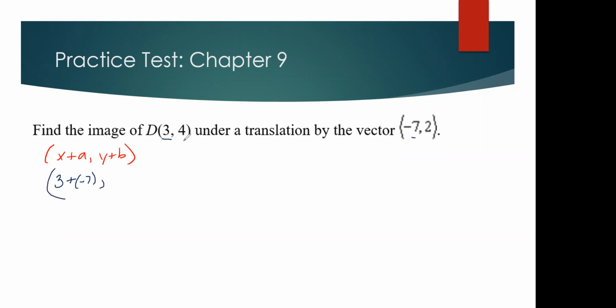And then the y value is 4 plus the b value, which is 2. And then 3 plus -7 would give you -4, and 4 plus 2 would be +6. Okay, so that would be your image of, I guess we would label this translation of D.